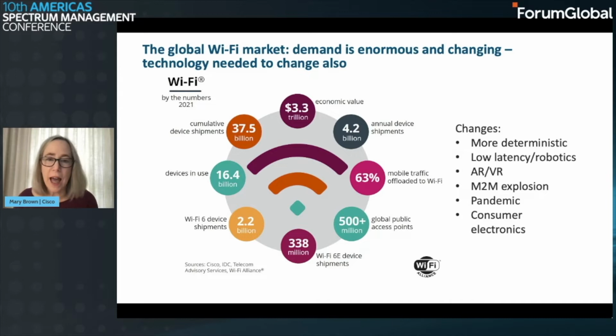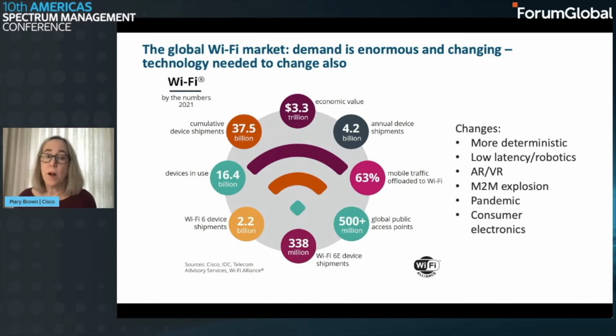So as we look ahead and try to figure out what is changing about Wi-Fi or what is changing about license exempt technologies, some of the things that we see from our customers are a desire for more deterministic networks that are less subject to congestion that might occur in the 5 gigahertz or 2.4 gigahertz band.